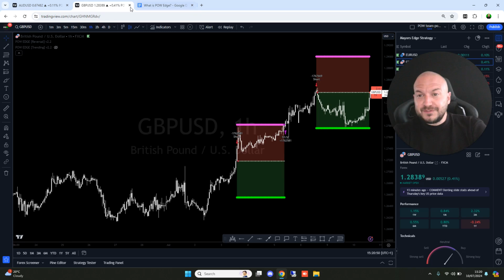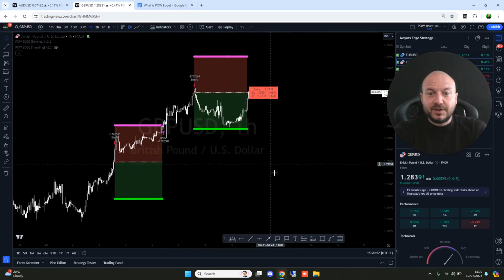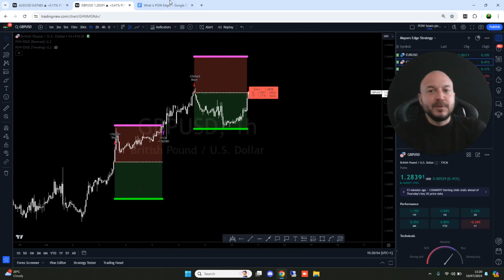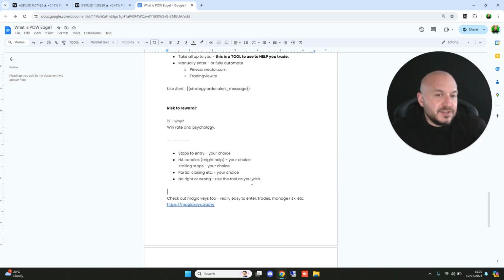You could partial close. So if you were in these trades, you might take some risk off, you might keep some on. Again, up to you. It's just a matter of accepting that there's no right or wrong. This is a great tool if you're a beginner and you just want to follow something rules-based like this. If you are intermediate or advanced and you're looking to have an extra tool in your arsenal to support what you're already doing, again, absolutely fine as well.